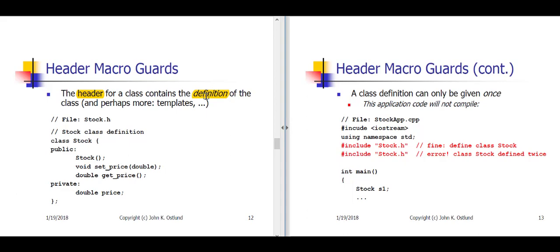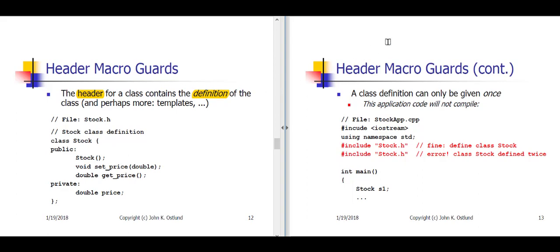That is, the name of the class, Stock in this case on slide 12, then a list of declarations of public members, typically member functions, and a list of private members, typically data members. And there may be other things in this header file as well, such as explicitly defined inline functions, templates, symbolic constants declared with const, and the like.